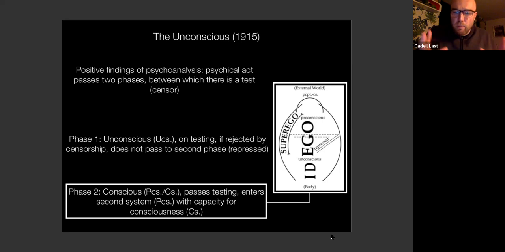So if you think about your body, as you see in the representation on the right-hand side, the body is the lowest level. You see here the instincts of the body, the force of the body, which the mind cannot escape, undergo a first test. If they pass through this first test, meaning that they're not censored, then they potentially pass to the preconscious, and then they go through a second test where they can potentially pass through to consciousness.